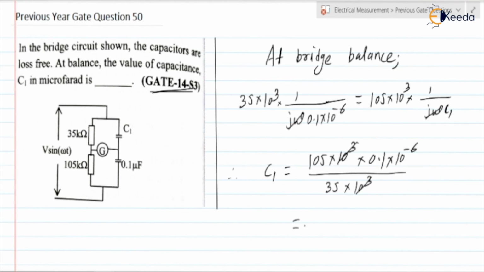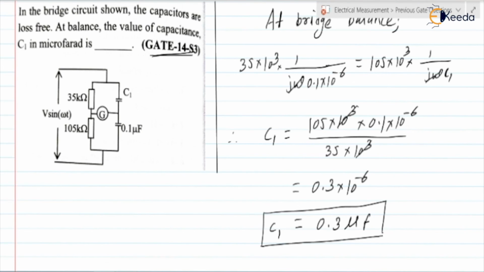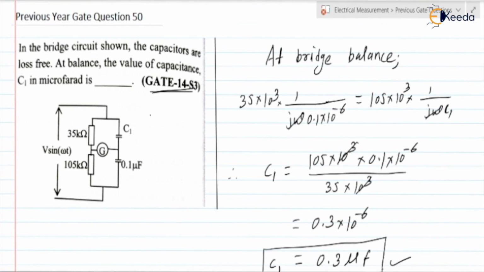So if you check, it is equal to 105 into 0.1 divided by 35, 0.3 into 10 to the power minus 6. So it is equal to 0.3 microfarad. This is the C1. So the final answer is 0.3. This is a very simple question. So friends, this is about the previous year GATE question number 50.